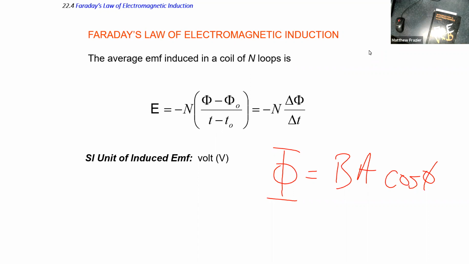Where we left off, we're talking about the voltage across a coil. With the ends of the coil open, you can measure a voltage. The EMF, the electromotive force, is what we call the voltage here. You can measure a voltage when the flux through that coil changes.